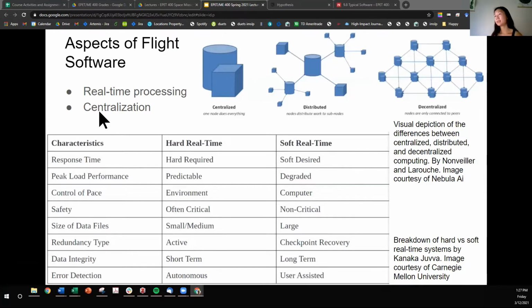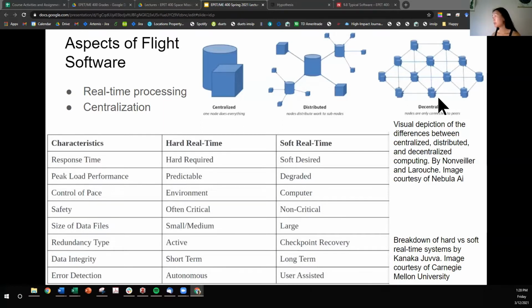Okay, there's also a consideration of centralization. On your spacecraft, it could be that you have a centralization of all processes, of all data coming through to one node. It could be that you distribute the amount of processing units across different boards, like having one central computer and then having daughter boards that do the intermediate processing.